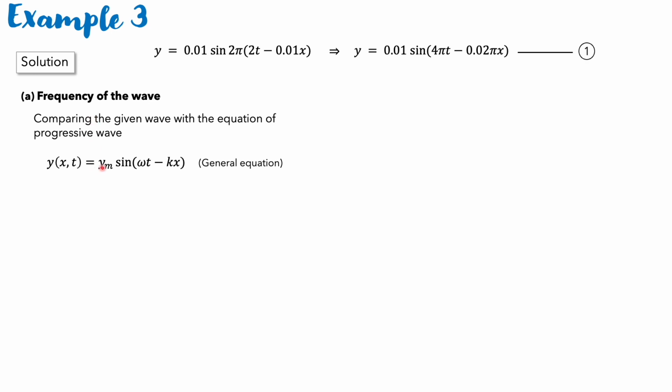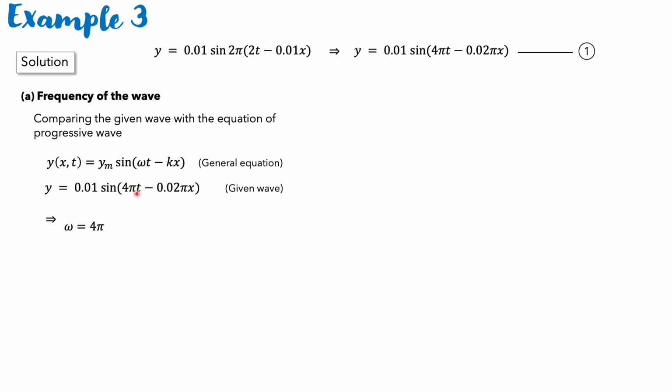So we compare this equation with the general one. This is the general one and this is the given one. When we compare, we can get omega as 2 pi, because the general form has omega t, and here 4 pi t means omega is 4 pi.